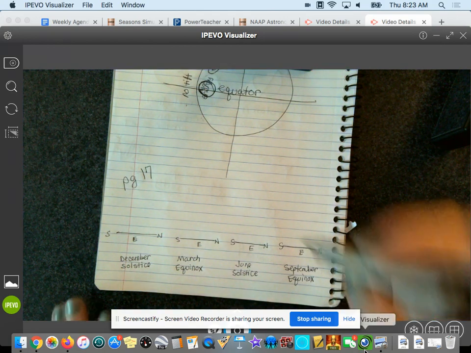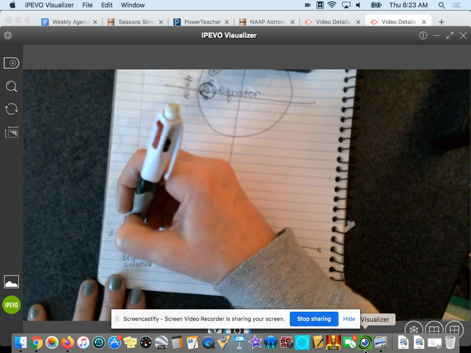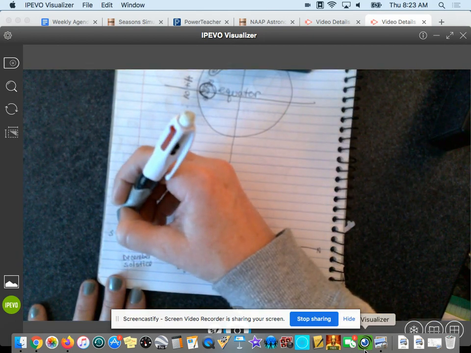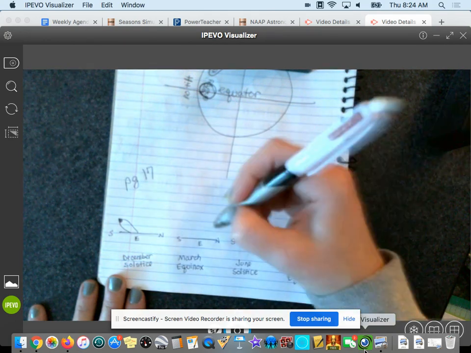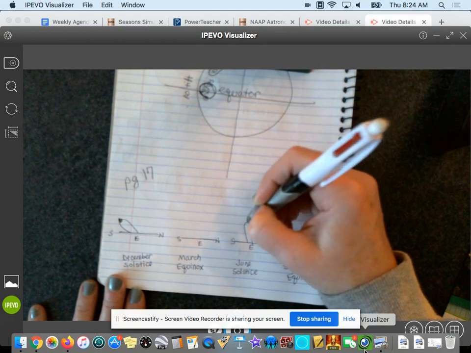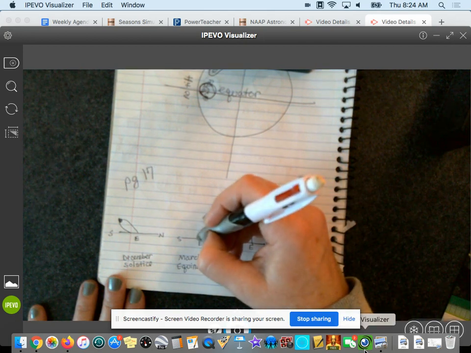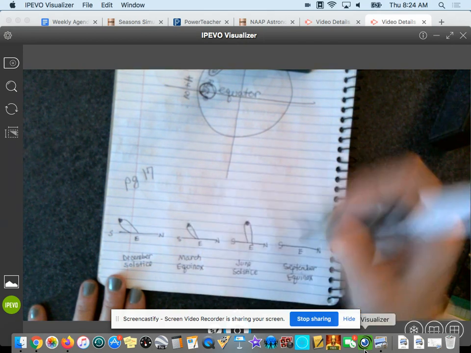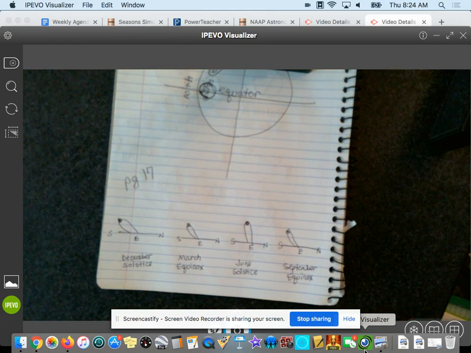Okay, so the apparent motion of the sun across the sky is very low in December, at its highest in the summer, and then in between for both of the equinoxes.